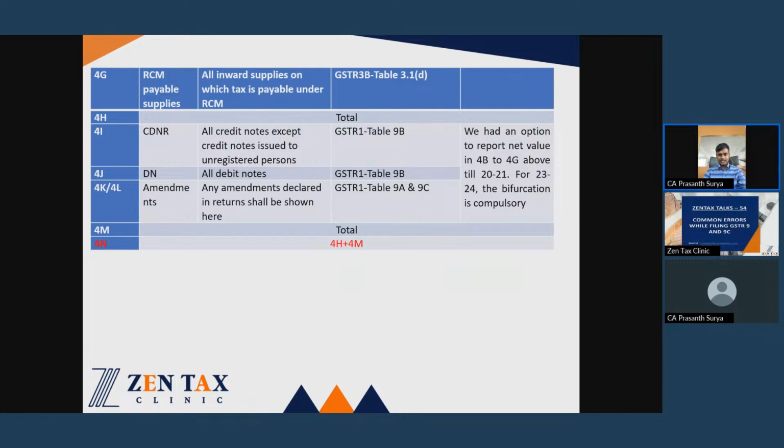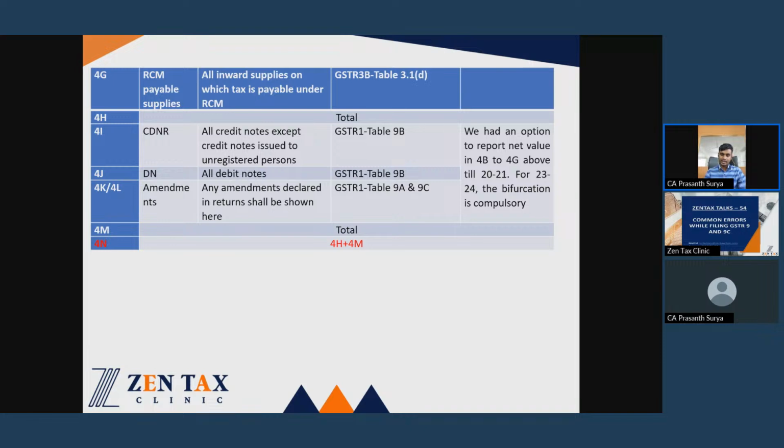For table 4H, 4I, the most common error is that many taxpayers ignore filing table 4I to table 4L, in the sense that they are not filing the credit note, debit note breakup at all. We should definitely file that breakup.